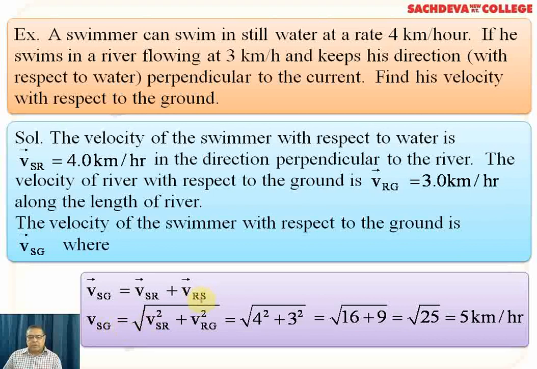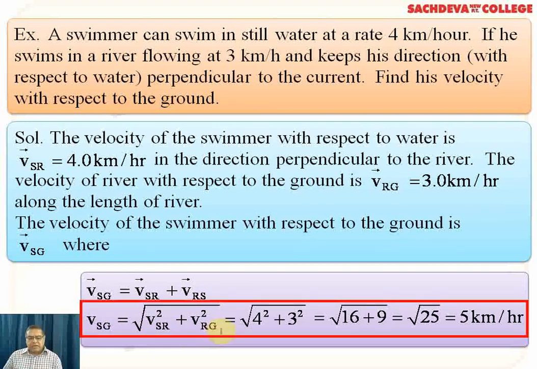Now, if we see the diagram, we will find again we have to use the Pythagoras theorem for the resultant, and we take velocity square VSR plus velocity square VRG. VRG means velocity of river with respect to ground, and VSR means velocity of swimmer with respect to river.